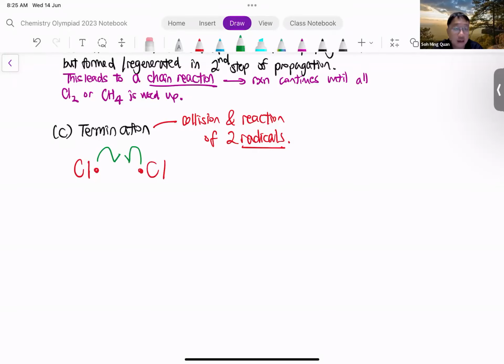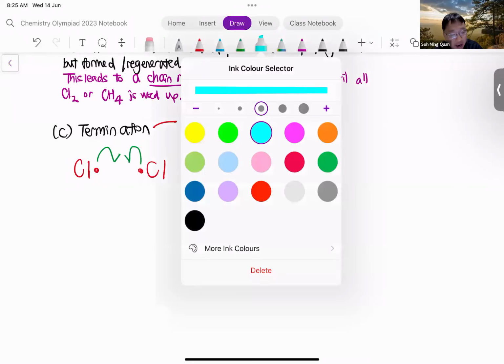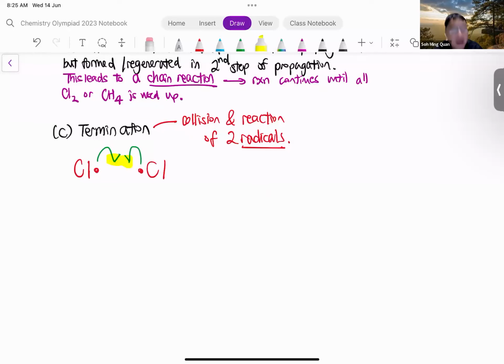So what happens is that the electrons can come back together. Do you realize my arrows? The electrons come back to each other to be shared. So this forms Cl2 again. Now another radical, of course, just now we saw is the methyl, CH3 dot and Cl dot.